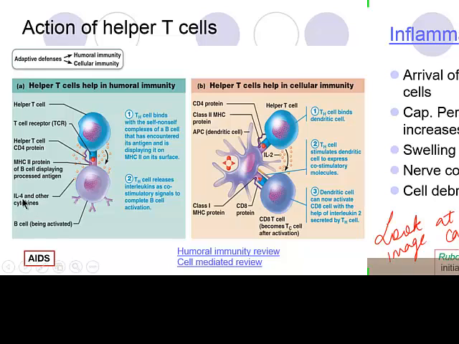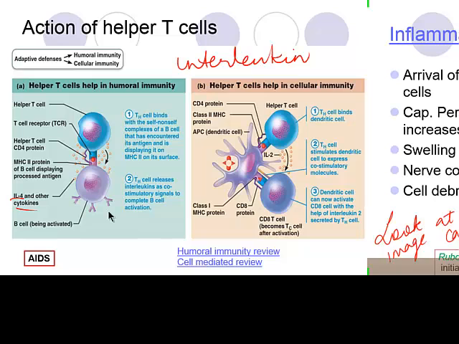IL stands for interleukin, and it also secretes cytokines. These are molecules which help to activate the B lymphocyte. So now when the B lymphocyte gets activated, it starts forming clones. Of those clones, most form plasma cells, and a few remain as memory cells.